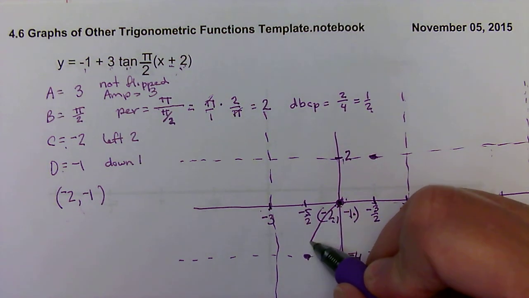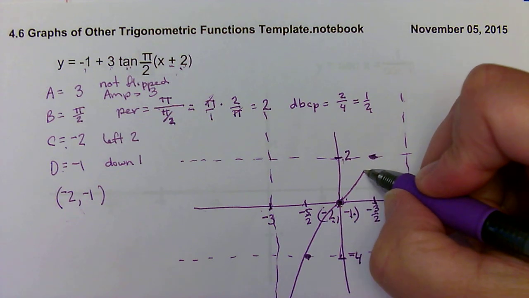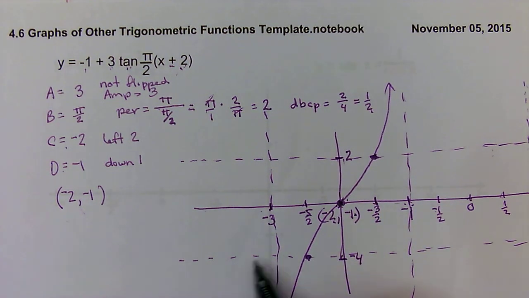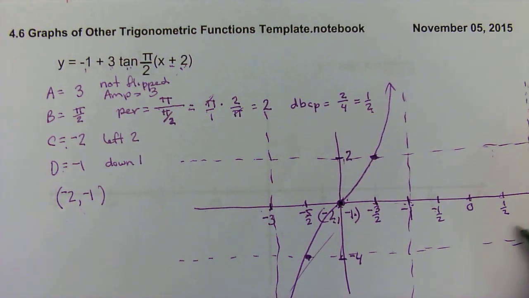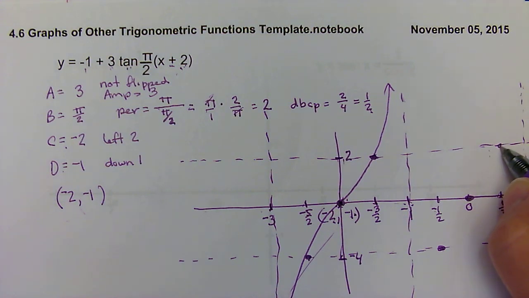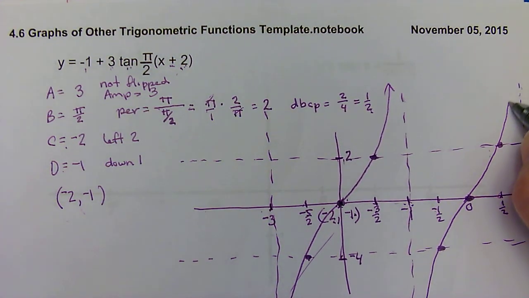And then I curve downward through that point, going below the x-axis, and upward through that point, going along above the x-axis. Then I'm just going to copy this in this little section. So it has a point in the middle, a low point here, a high point here, and this is my second tangent branch.